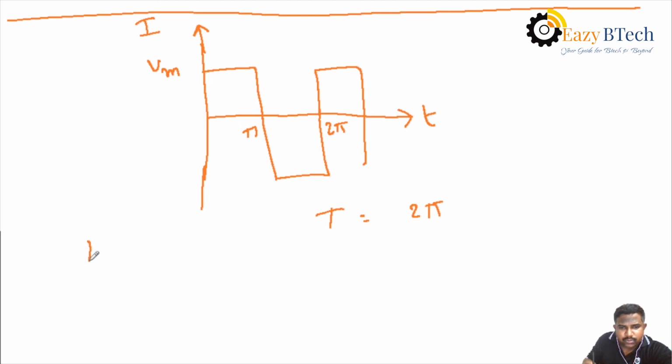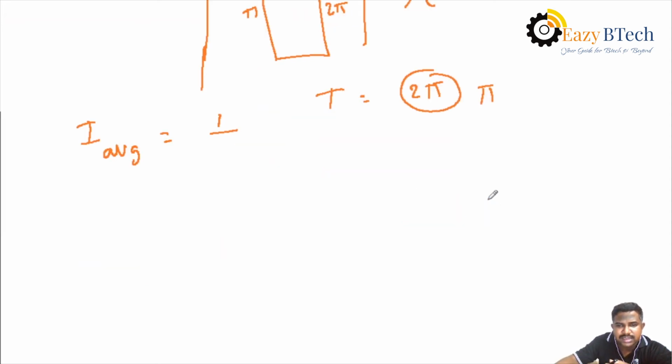That's why we calculate the average value only by taking a half cycle. What is the formula? 1 by T. For half cycle, 2 pi will be replaced with pi only, by considering half cycle values. That's why 1 by pi integral 0 to pi.